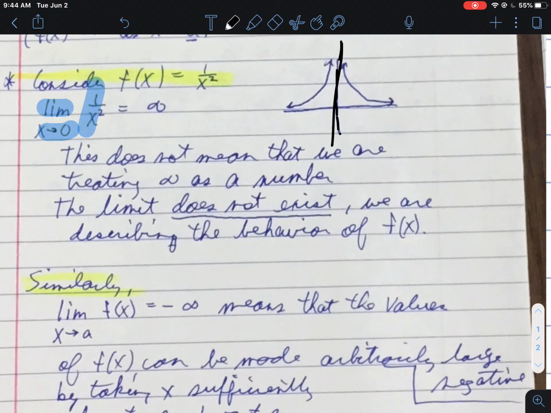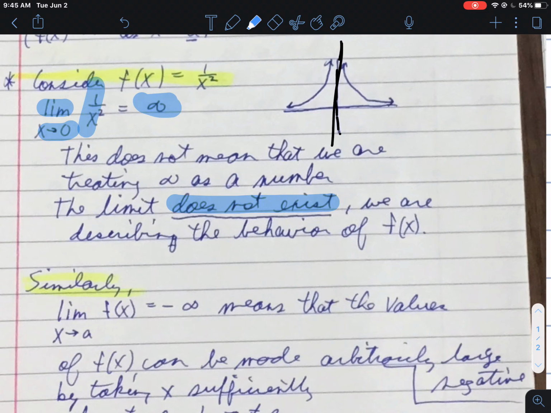It does not exist because the value of the function is not approaching a specific number. The fact that it's approaching infinity simply means that it's getting larger and larger and larger. All right, so we're describing the behavior of the function. We would still say here that this limit does not exist, but we are at least able to describe the behavior. So we do that whenever possible.